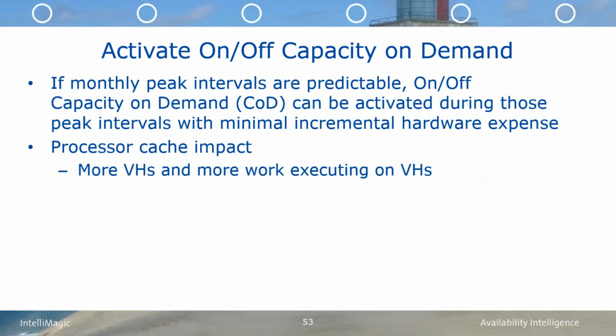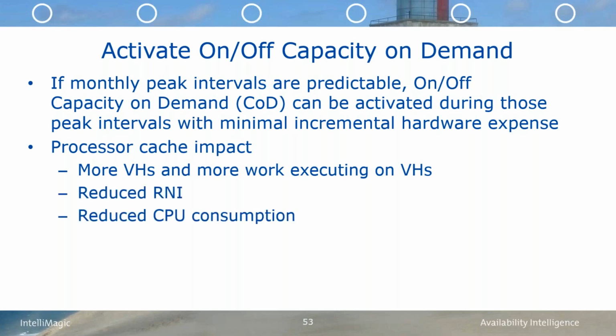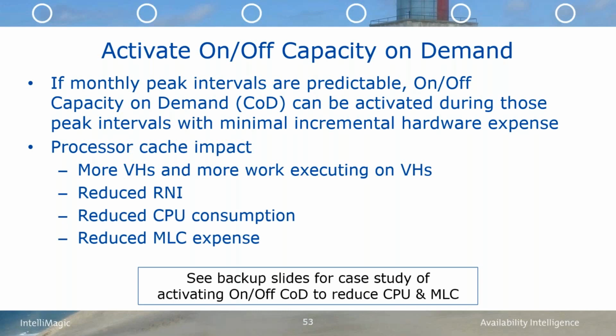The impact of deploying this additional capacity on processor cache is more physical CPs, which means more vertical highs, and thus more of the work executing on vertical highs, which reduces R&I, which reduces CPU, and which, since it's deployed at the monthly peak, translates directly into reduced MLC software expense. In the backup slides, there's a case study of a site that's utilizing this to achieve, again, 6-figure annual savings in their MLC expense.